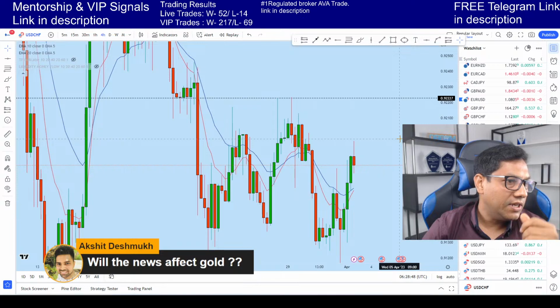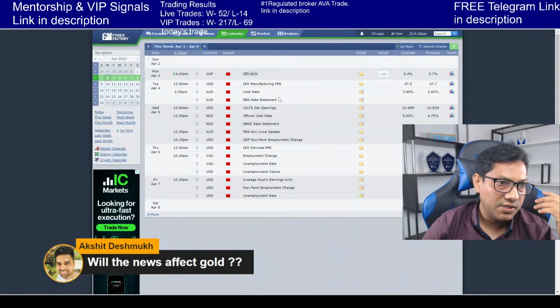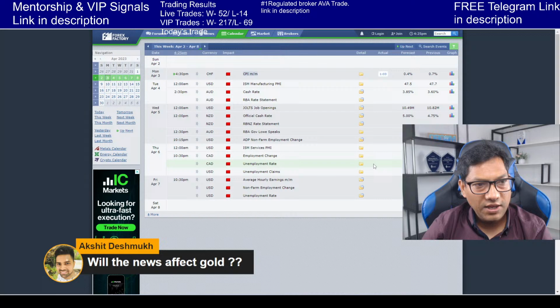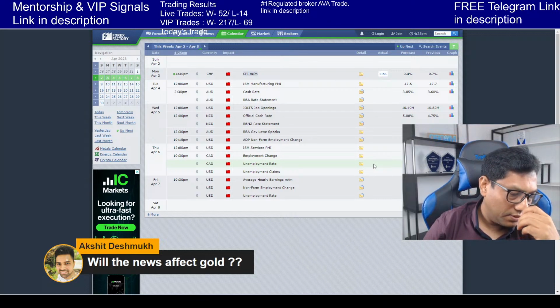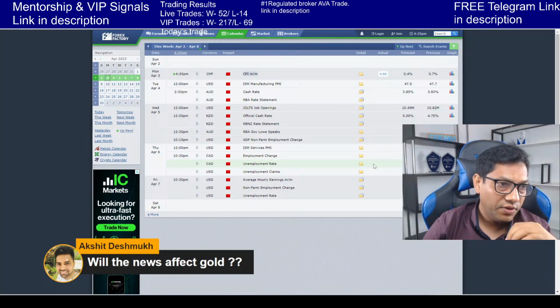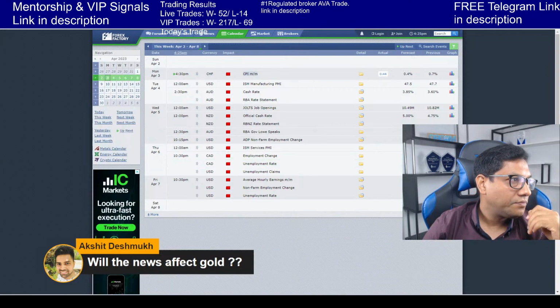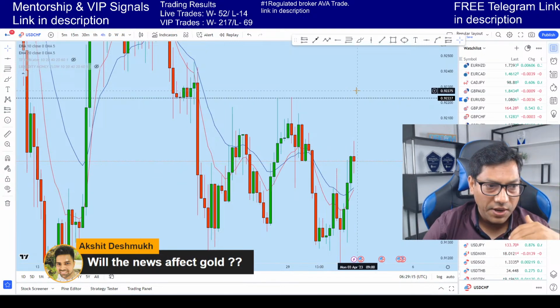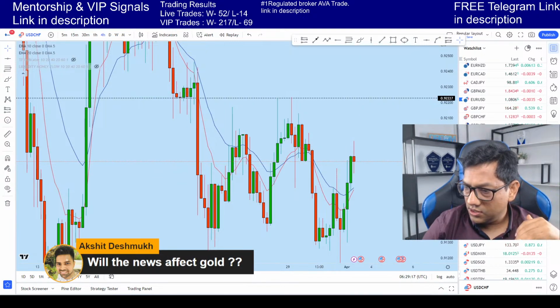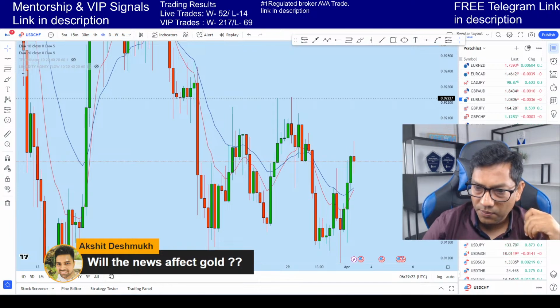Unless there is any serious bad news that affects everything. You know in 2015 there was a big crash on CHF, so it impacted everything. That's a different story. But for the short term, mostly USD news impacts everything. Otherwise, individual currencies normally impact themselves.